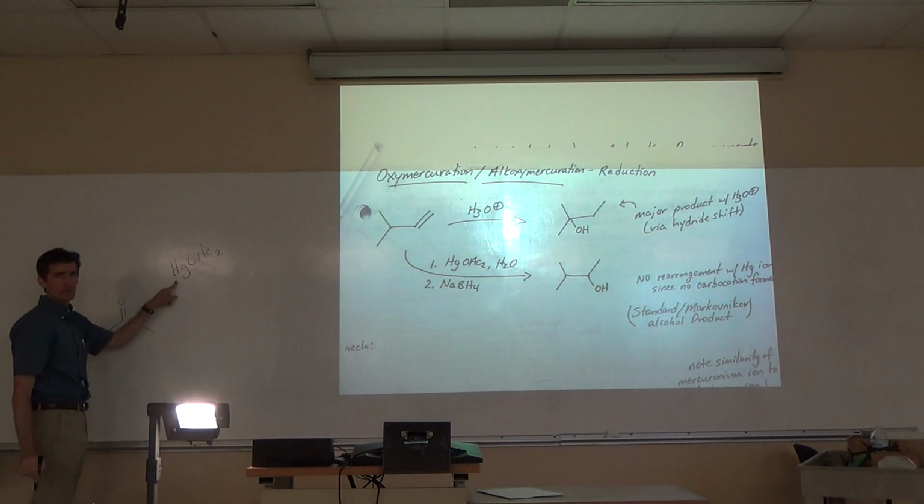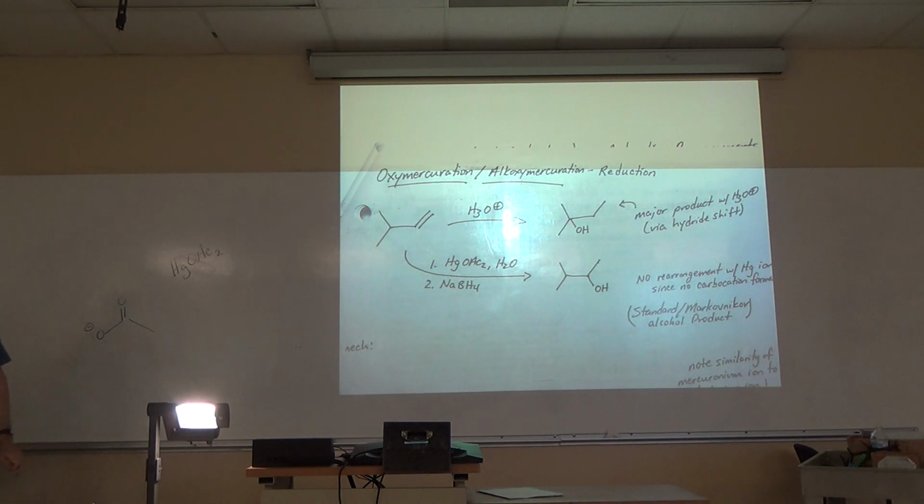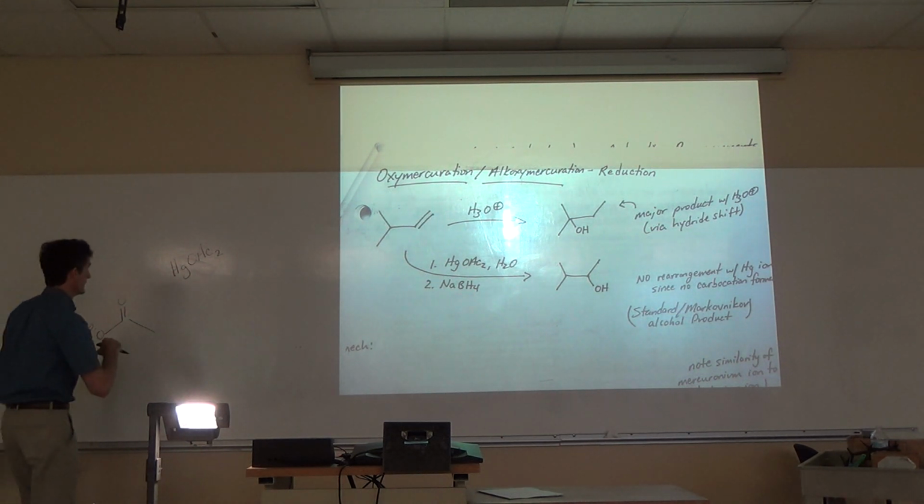What's the charge of the mercury here? Plus what? 1? It sounded like you said 1. But you've got 2 acetates, so the mercury should be plus 2, right? Okay, that should be pretty easy.